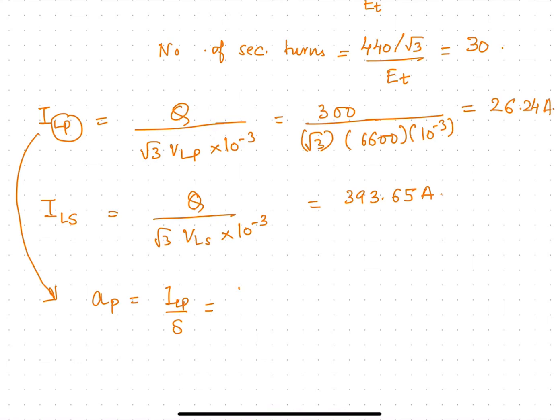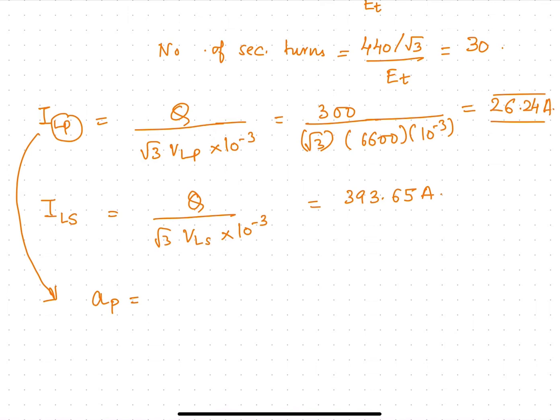Yes, since this is the phase current, I'm sorry, this value 26.24 is the line current in the primary. So here you have to calculate this area using the phase currents.